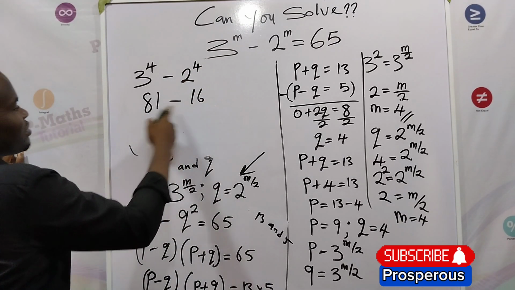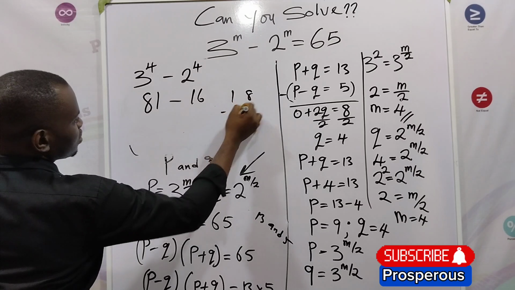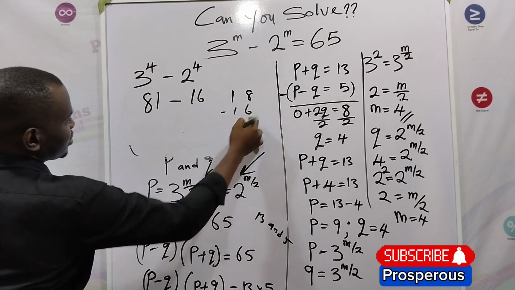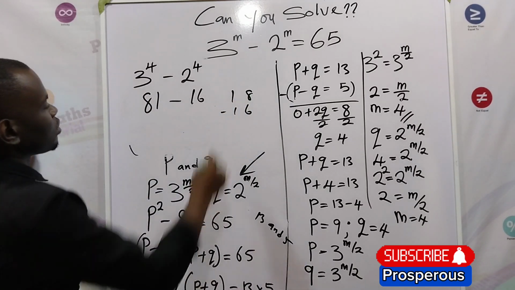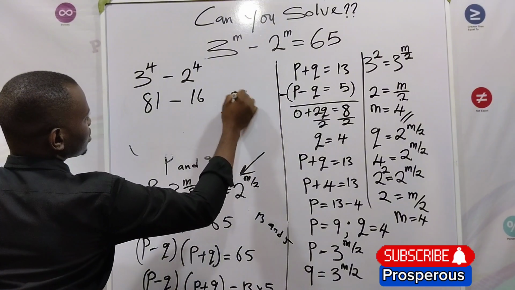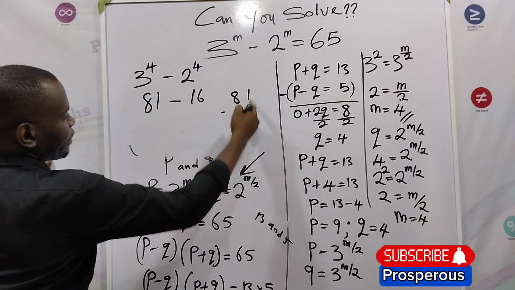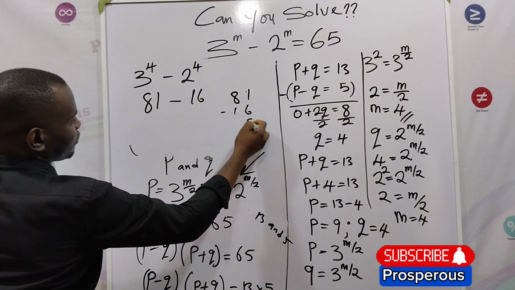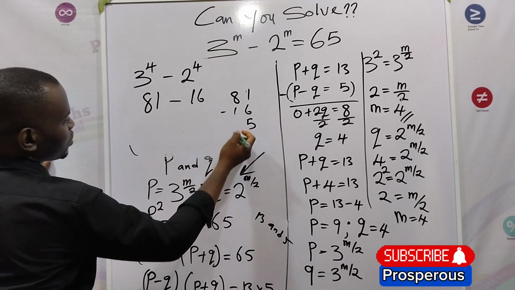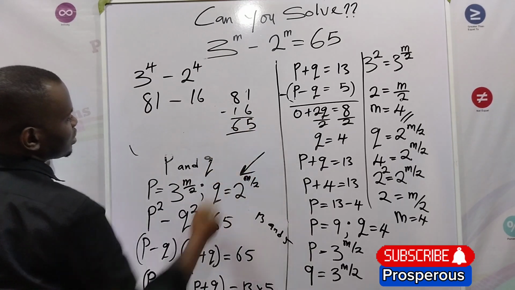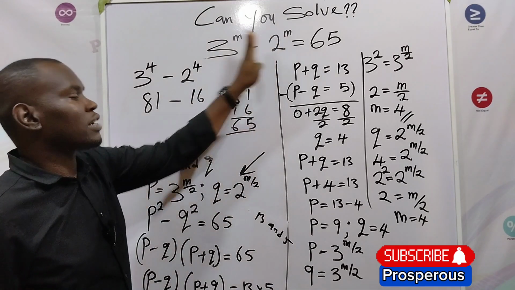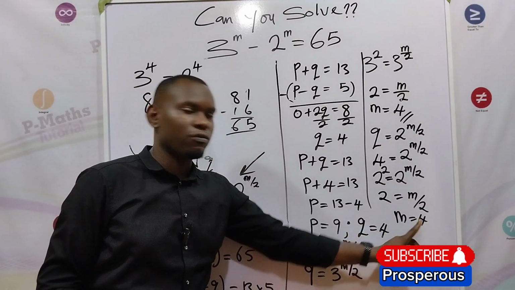So subtract 16 from 81. Sorry, this is 81, not 80. 11 minus 6 will give us 5. 7 minus 1 will give us 6. So 65 is the value of left hand side when we substitute 4 for m.